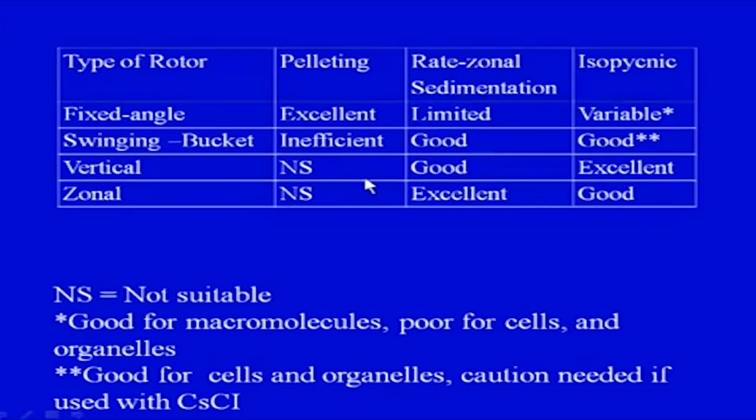For rate zonal, the vertical rotor is quite good, and it is quite good for isopycnic. Likewise, zonal rotors are excellent for density gradient centrifugation and not so much for pelleting. This is how these rotors could be applied for different applications, from pelleting to rate zonal, isopycnic or other separation methods.